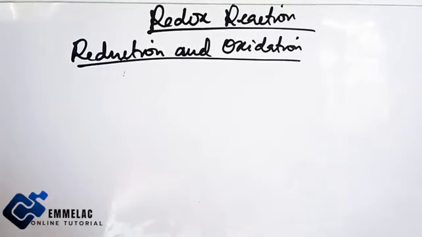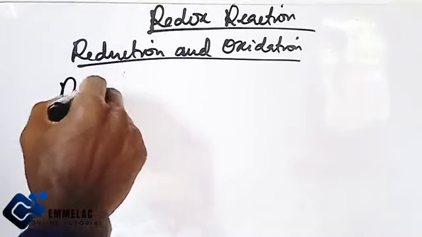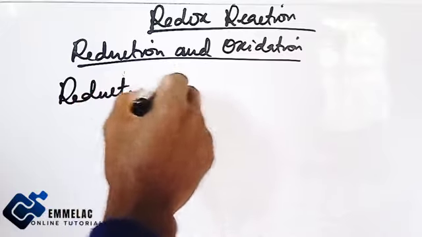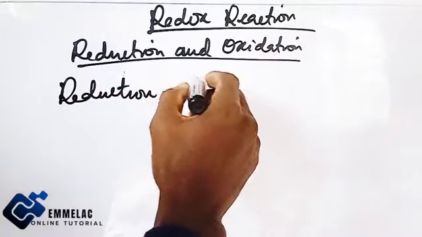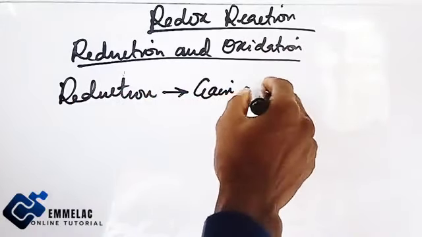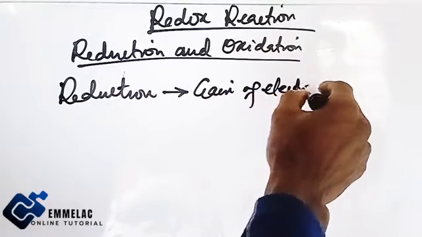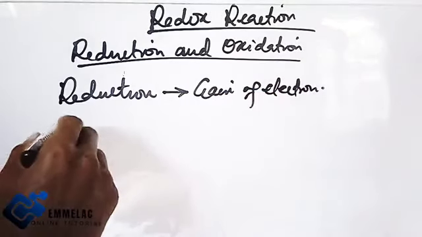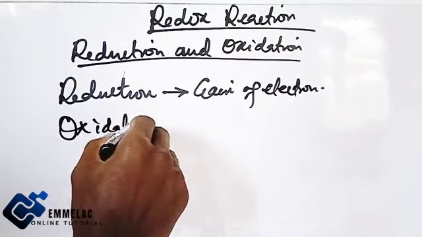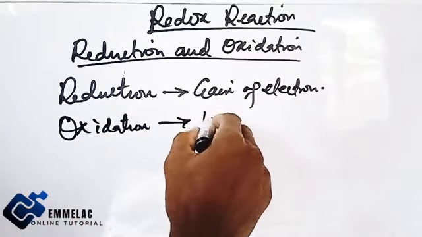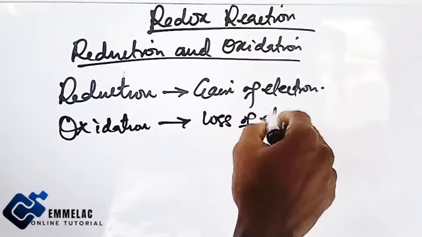To further explain in a simplified form what reduction and oxidation mean: reduction means a gain of electron, and oxidation means a loss of electron.